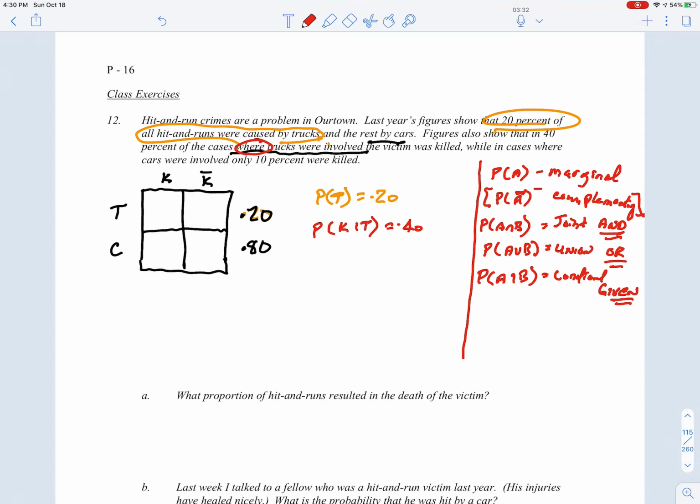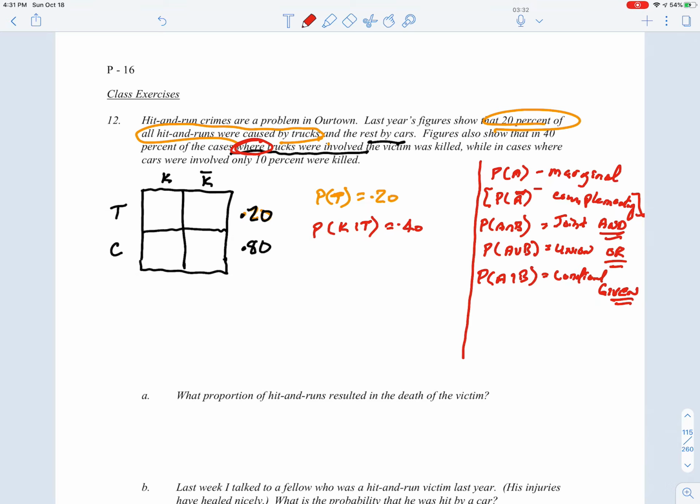But you actually do. So when you see a phrase like "where trucks were involved," that means given that we're talking trucks. The other word that you'll often see is "of." So you'll see that in the preposition. So of the males, or whatever, or in this case, of those who were hit by trucks, 40% were killed. That's another way we could write it.